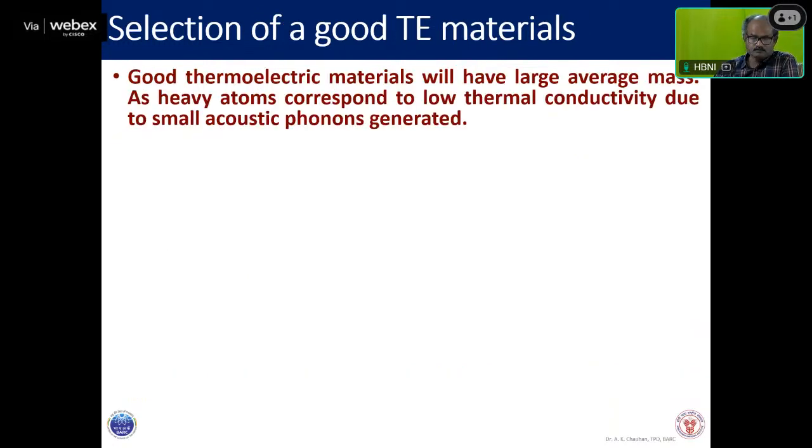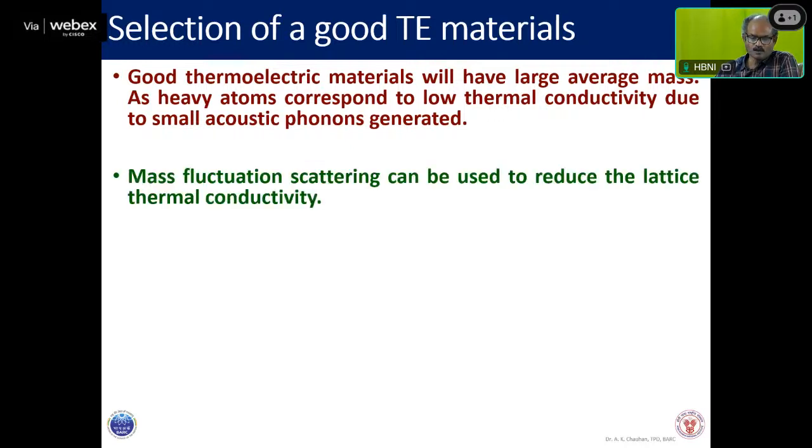Now, good thermoelectric materials will have a large average mass, as heavy atoms correspond to low thermal conductivity due to small acoustic phonon generation. And mass fluctuation scattering can be used to reduce the lattice thermal conductivity.